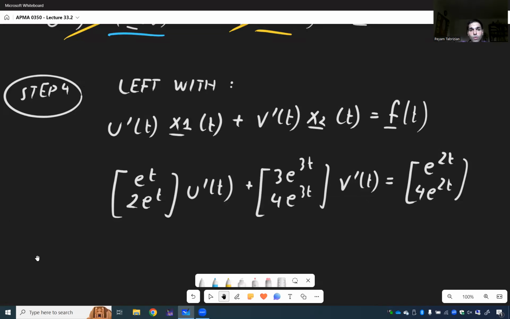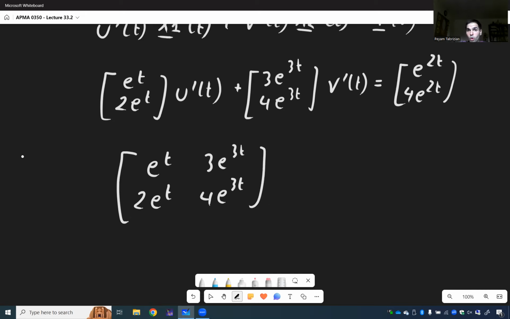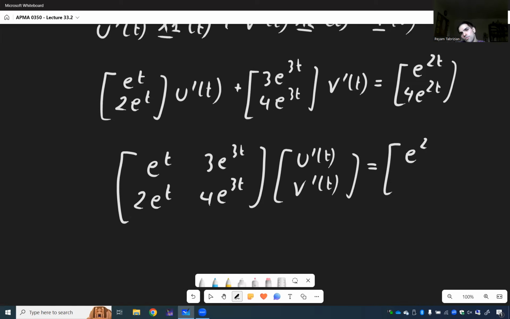Which, if you write this in matrix form, precisely gives us our Var of Par equations. So homogeneous solution times u prime, v prime equals the inhomogeneous term, e to the 2t, 4e to the 2t. So those are the Var of Par equations.